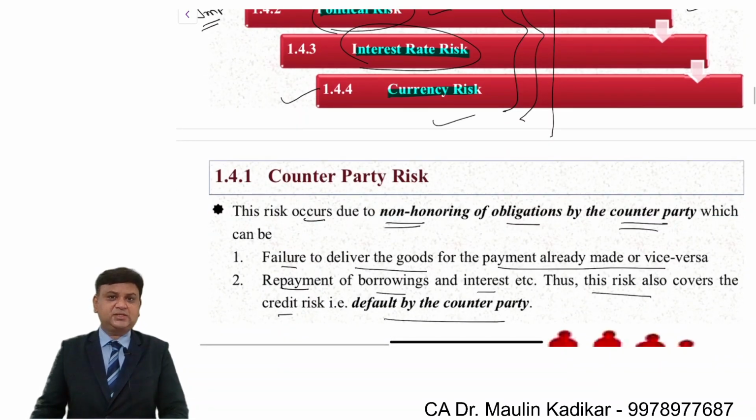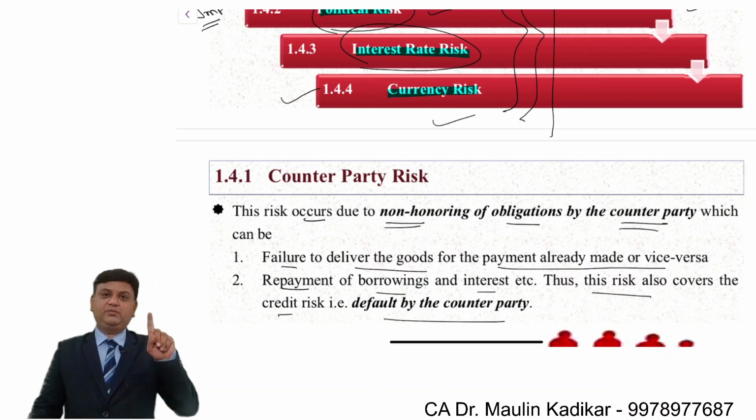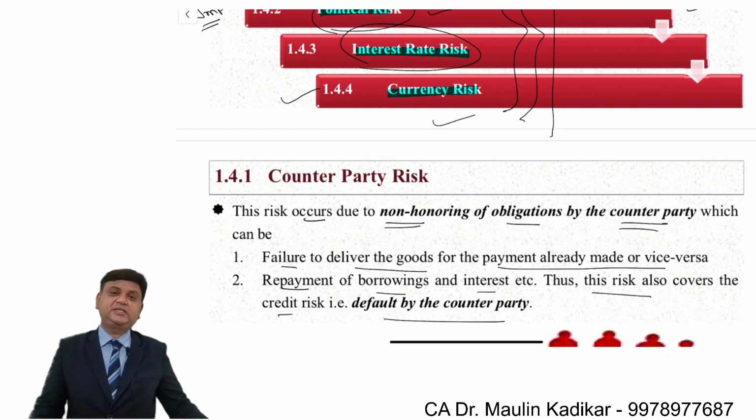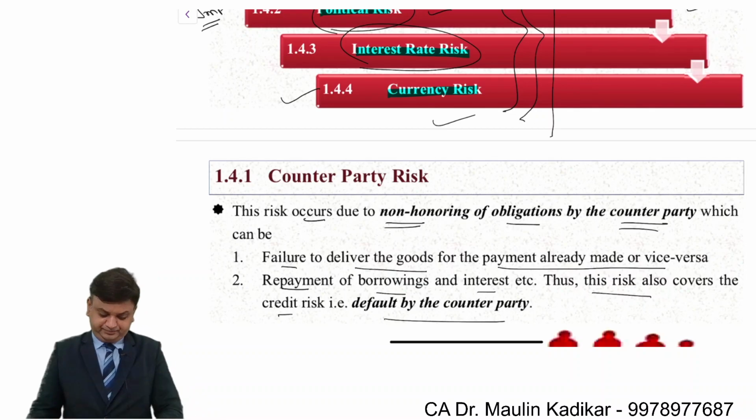And the currency risk: the currency in which you have borrowed and that currency is appreciating, or the currency in which you have invested and that currency is depreciating. In foreign exchange risk management, we understand that there is a transaction risk, a translation risk, and an operating risk. These are the three major risks that we have.